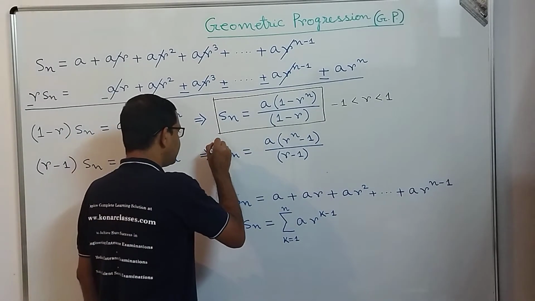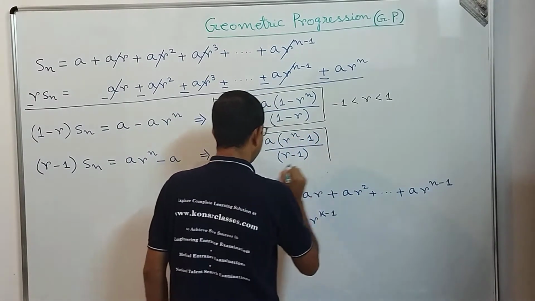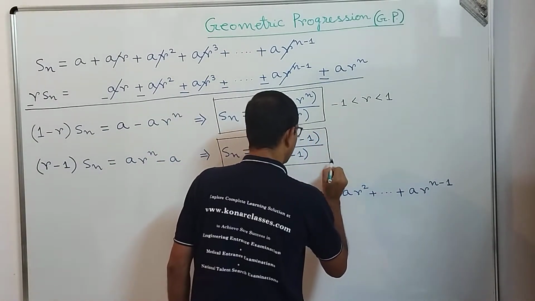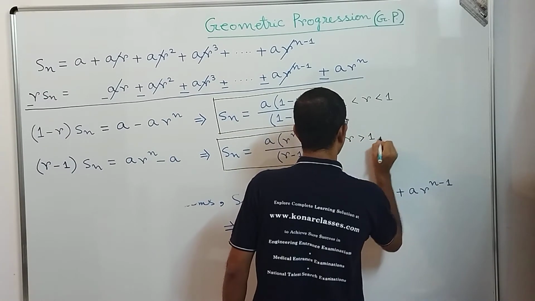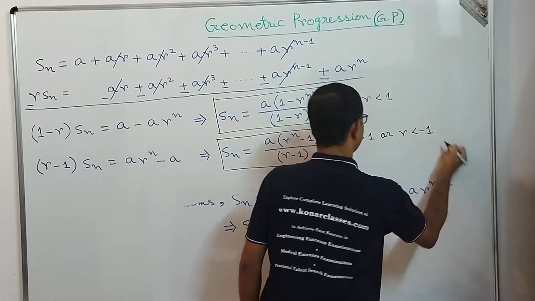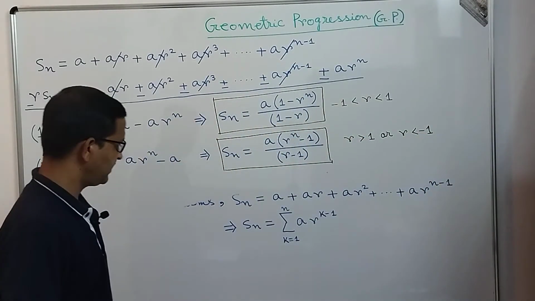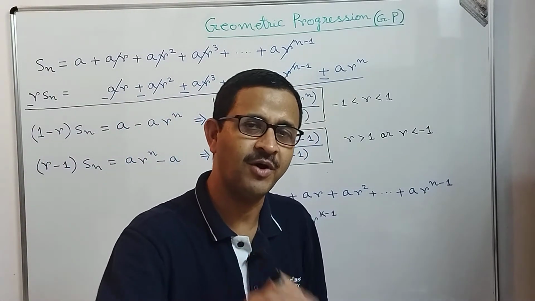And we are going to use this formula, Sn equal to a into r to the power n minus 1 by r minus 1, when r is either greater than 1 or r is less than -1. Correct? Then there is an obvious question, what is going to happen when r equal to 1?